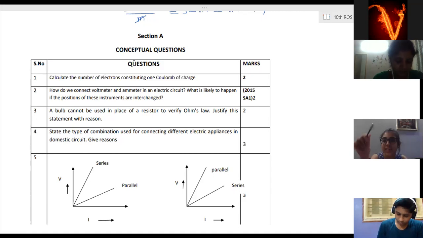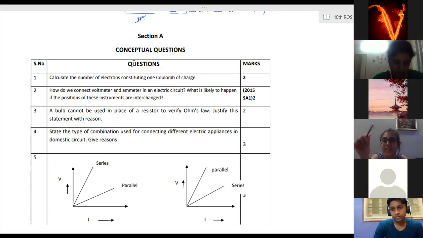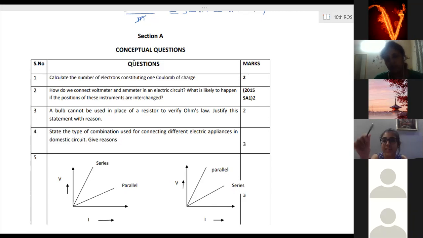Find out the answer. 6.25 into 10 to the power... Ma'am, is it 6.25 into 10 to the power 18? Yes, 6.25 into 10 to the power 18.